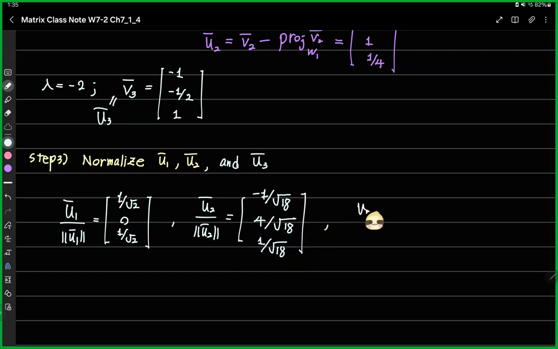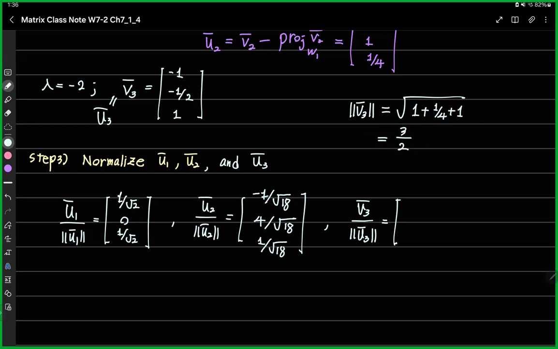Then U3 over the norm of U3. The norm of V3 is the square root of 1 plus 1/4 plus 1, which is 3 over 2.